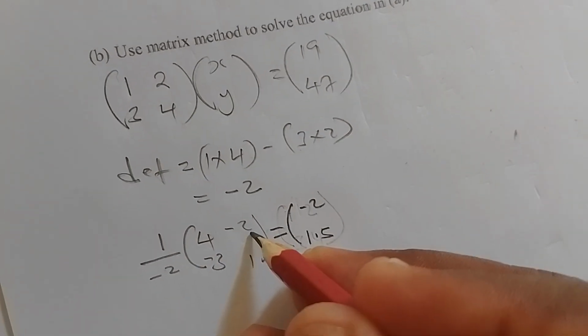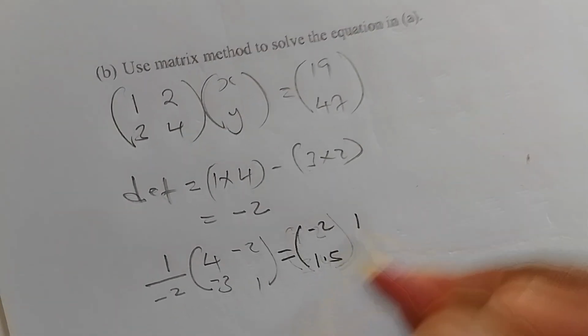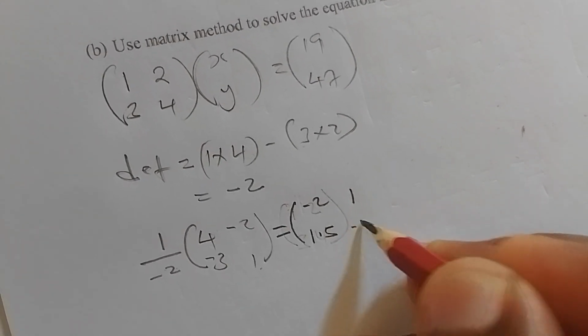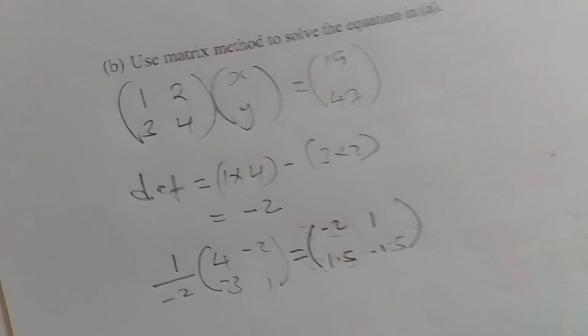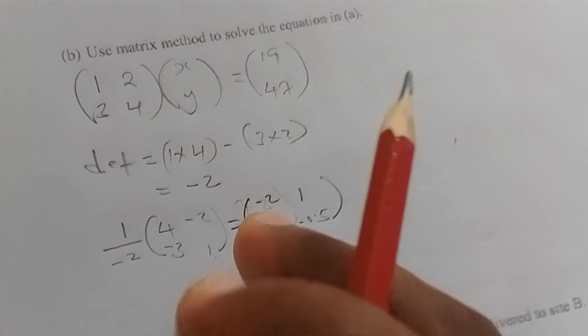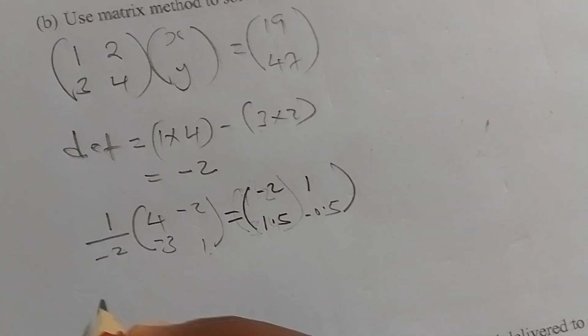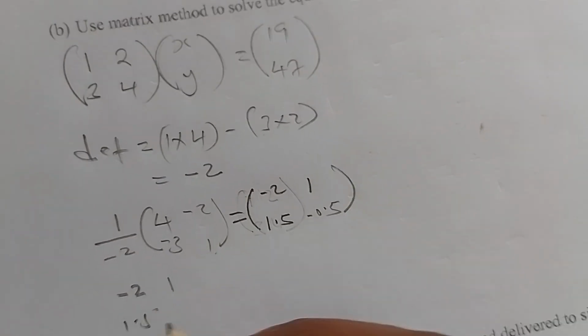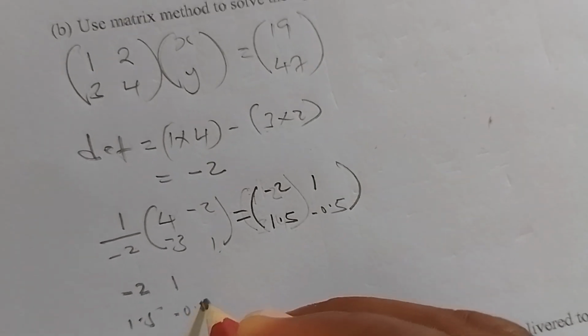This one times that will give us 1. This one times that will actually give us minus 0.5. Remember, a half is the same as 0.5.